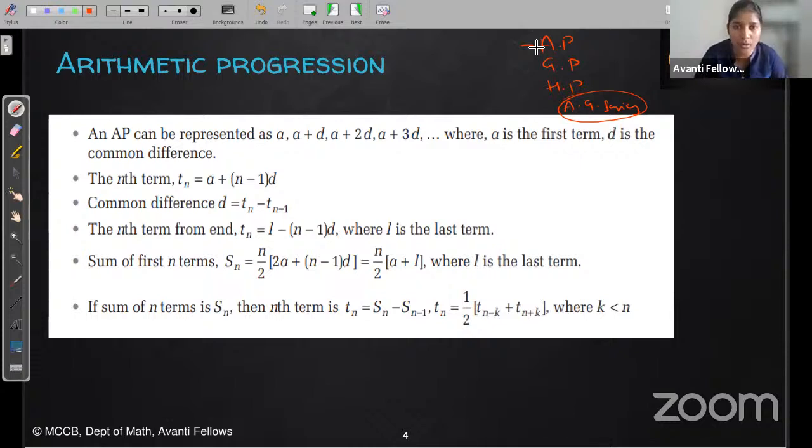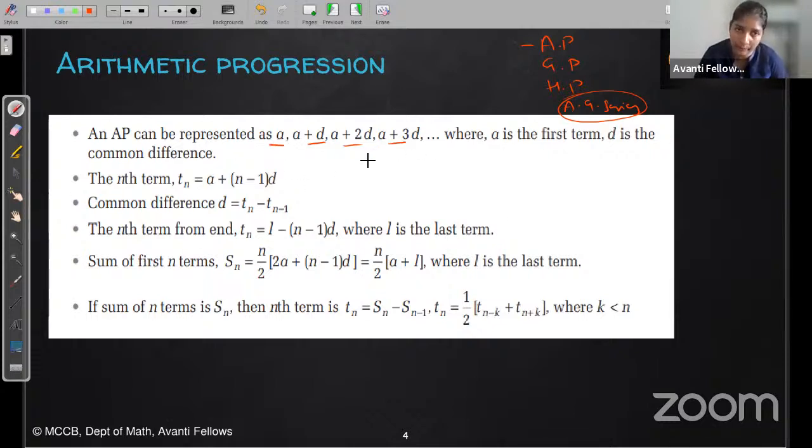So what is arithmetic progression? It's a progression or a sequence where two consecutive terms always have a constant difference. Consider any two consecutive terms, the difference will be the same. It can be represented as a, a plus d, a plus 2d, a plus 3d, and so on.